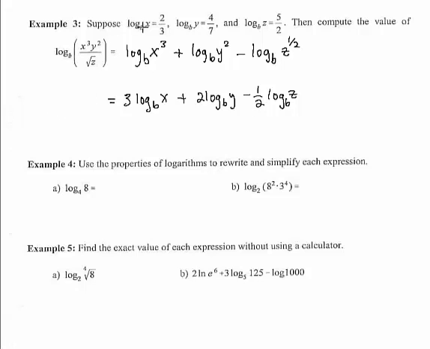And now, being told that log base b of x is 2/3, I can write this first expression of the sum as 3 times 2/3. Log base b of y is 4/7, so I can write this expression, this middle part, as 2 times 4/7.